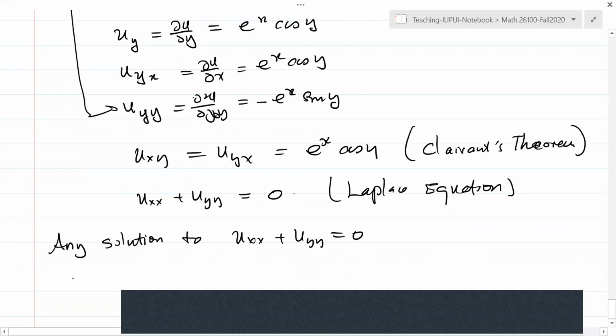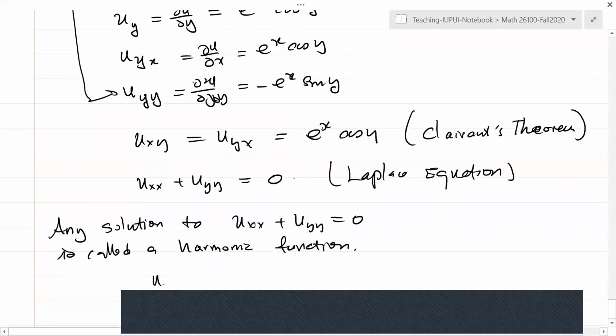So these are only particular solutions. By this definition, u equals e to the x sine y is a harmonic function.